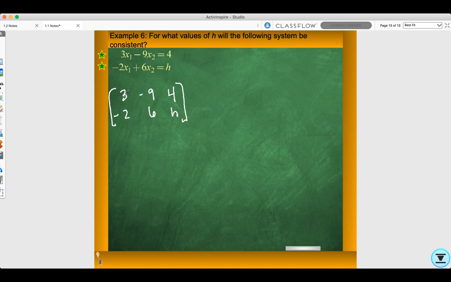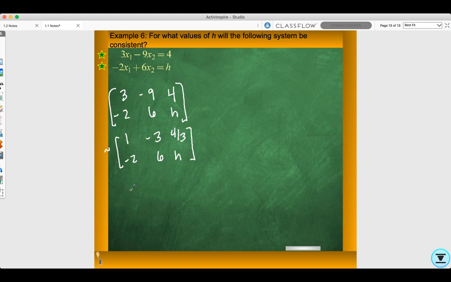The first thing I'm going to do is divide my first row by 3 so that this will become a 1. So I have 1, -3, 4/3. And my second row, I'm not doing anything to yet.